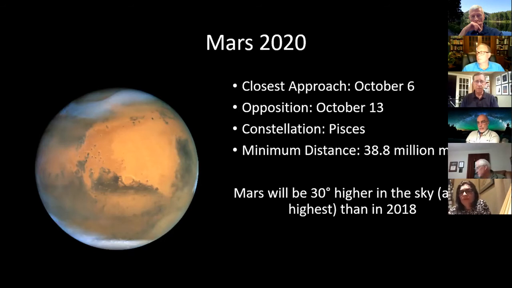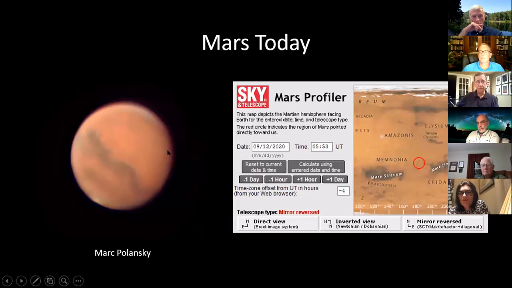So I'm going to leave you with a picture that was taken at 2 o'clock this morning by our ace astrophotographer, Mark Polanski. He took a picture of Mars through an 8-inch telescope. And you can see he's picked up some details, some of the darker markings.